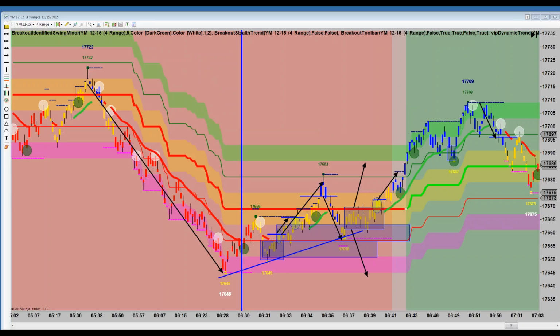So let me come over to a Russell chart. Let me see if I can do a little contrast here between the two.